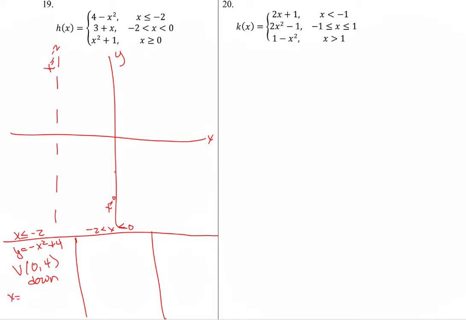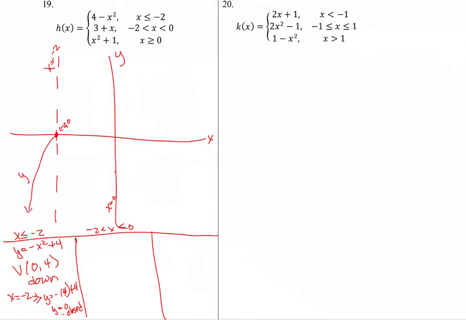So if x equals negative 2, then what is this function? Then I have y equals negative 4 plus 4. So this becomes y equals 0. So I have a 0 here, and that's closed. So I'm going to put a closed circle right here at (-2, 0), and it opens down.